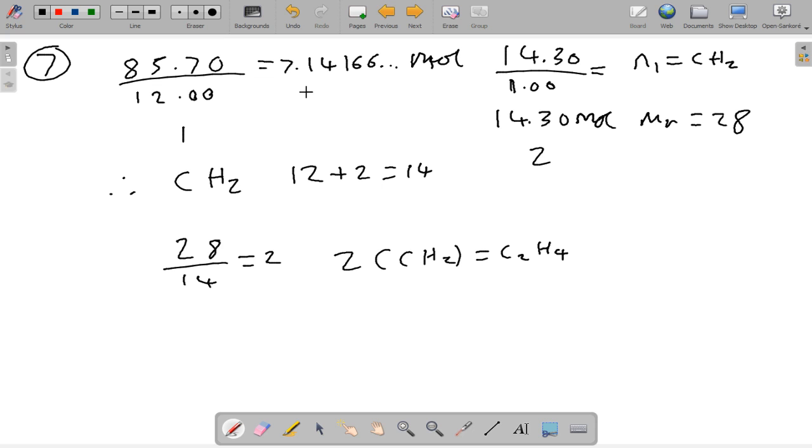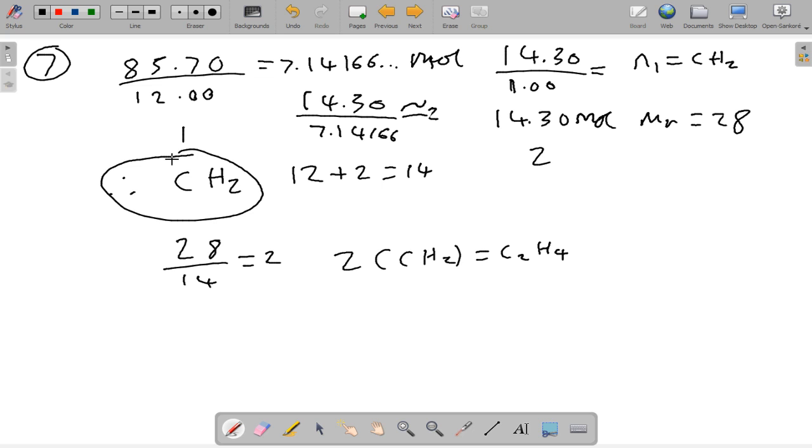If we divide 14.30 by 7.14166, it will be about 2. So really I should put approximately equal to 2. So the empirical formula is CH2.